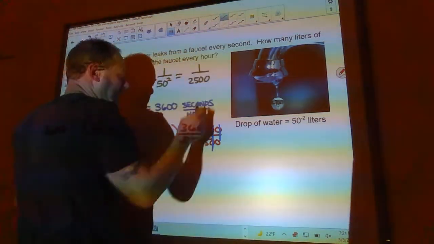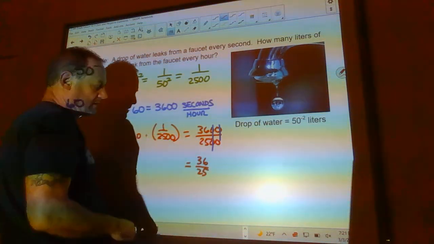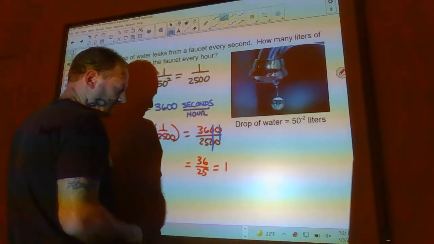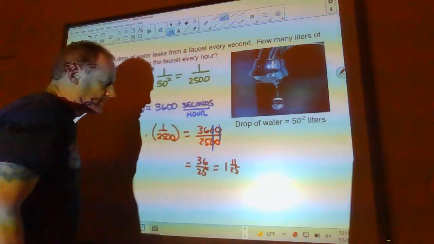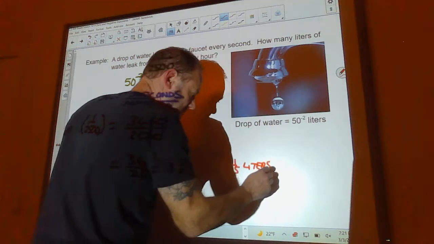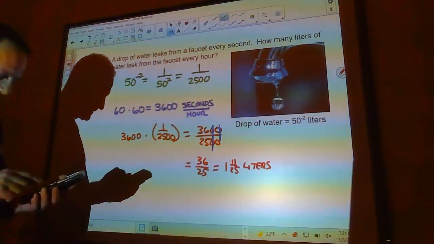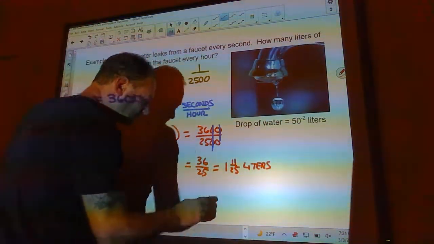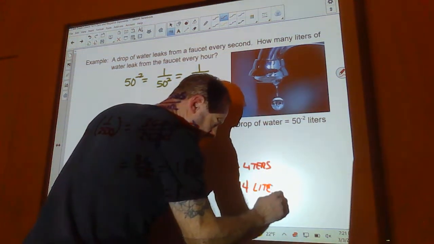And so I'm going to get 36 over 25. That's 1 and 11/25ths liters. Or let's see, 11/25ths is 0.44, so I could say it's 1.44 liters.